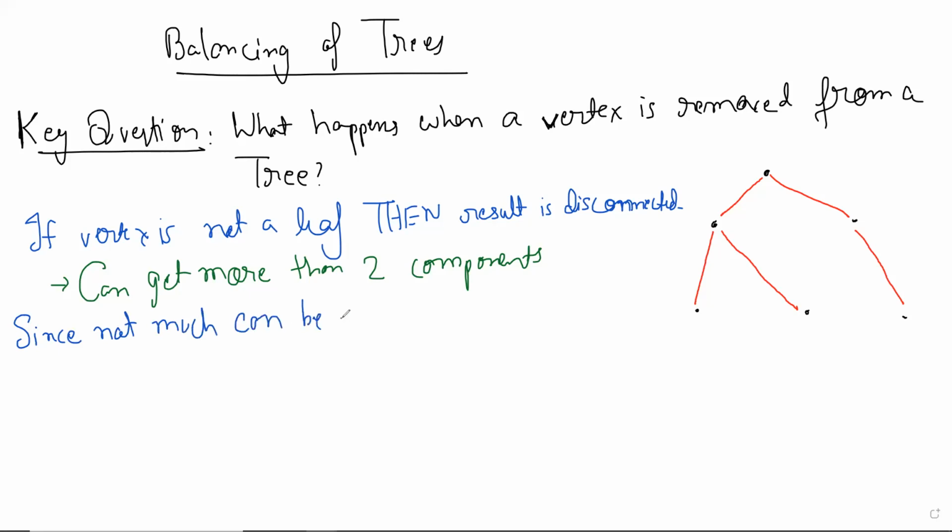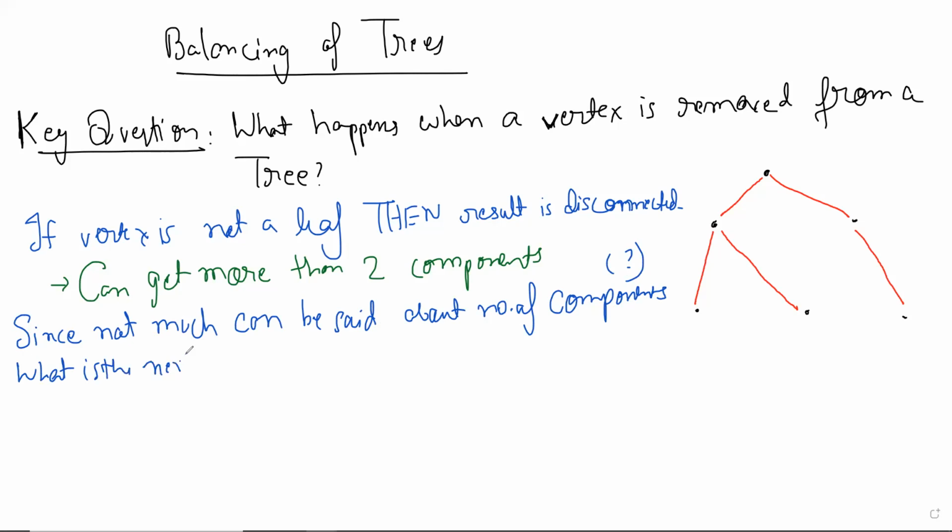Not much can be said about the number of components. What's the next question to ask? Difference in the number, can you make it more precise? We don't know if there are two things here, there can be many things.